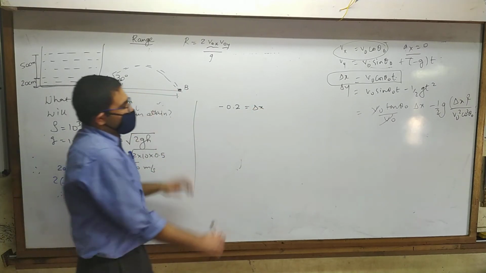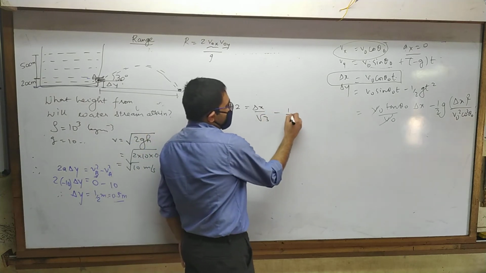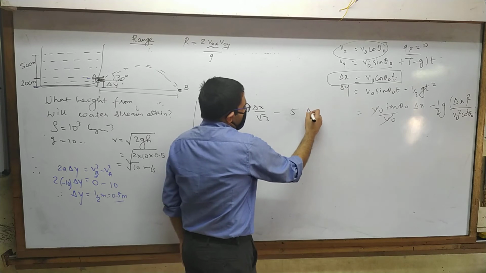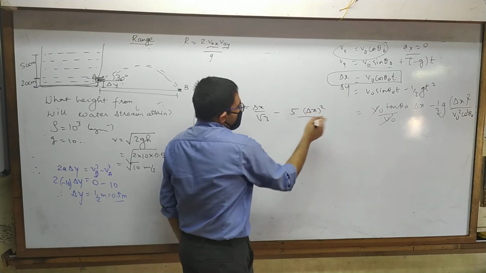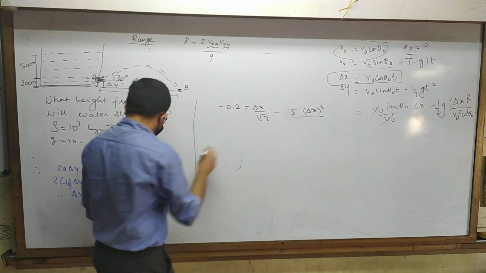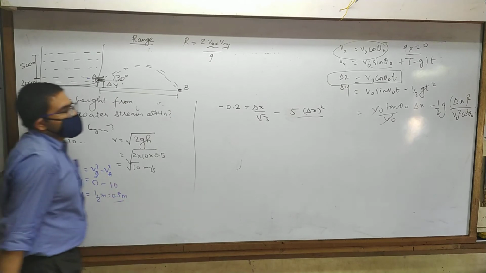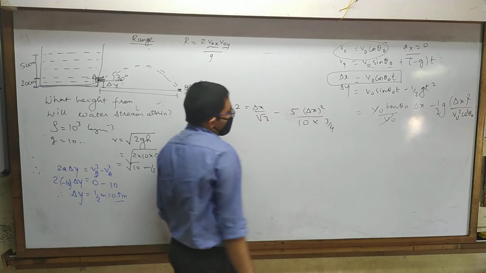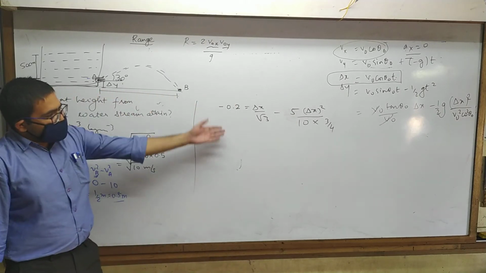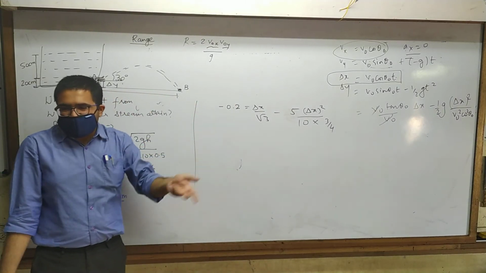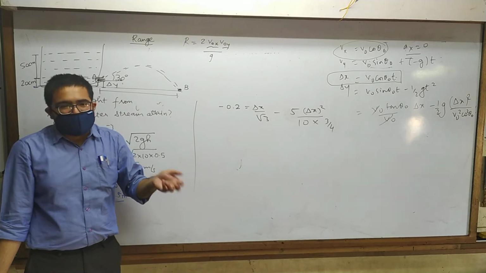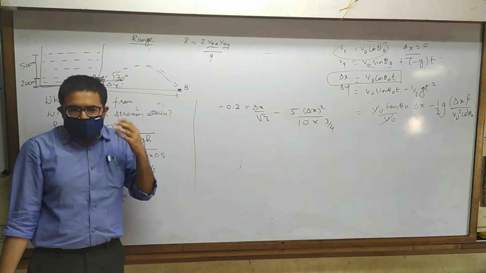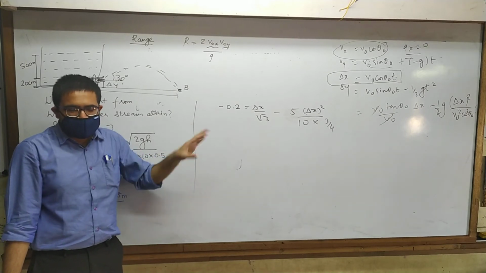It is 30, so listen: 1 by root 3 minus 1 by 2 g, g is 10, so this is 5. Delta x square, we don't know, upon v0 square. What's v0? Cos square 30 is 3 by 4. Now it is just a quadratic equation, you know how to solve that. If factors don't come, what to do? Then find the discriminant yourself, write it down and do it at home.